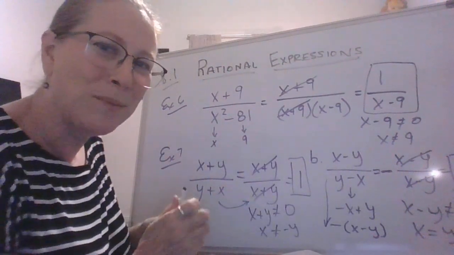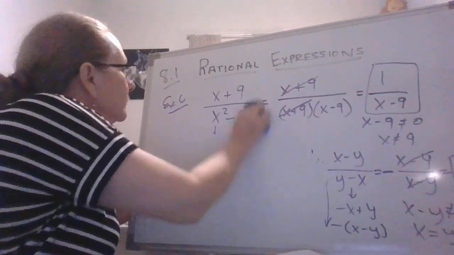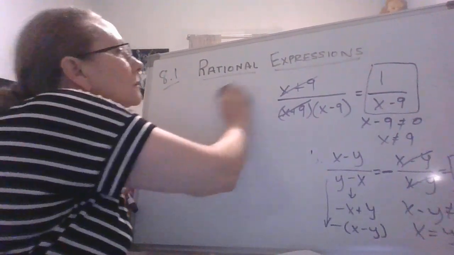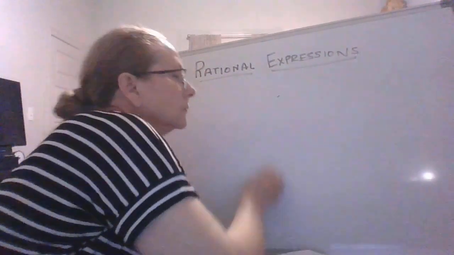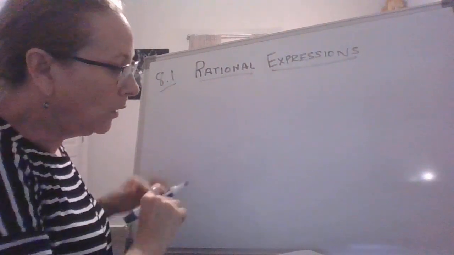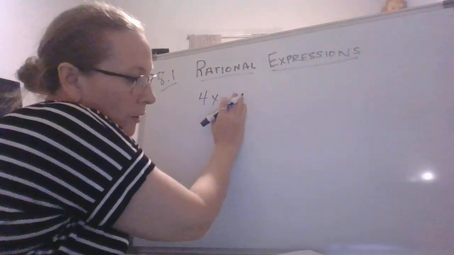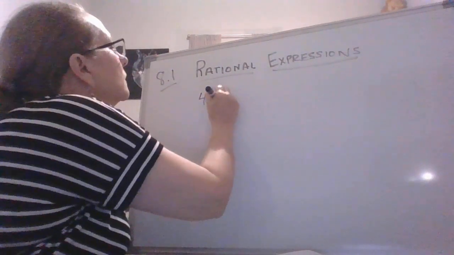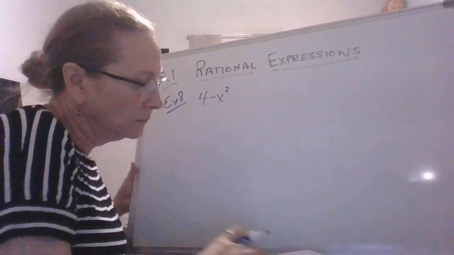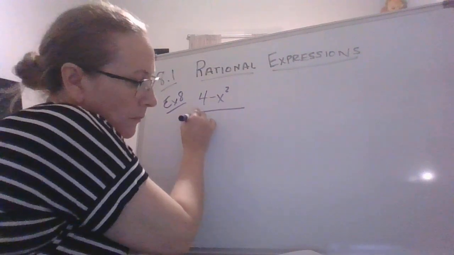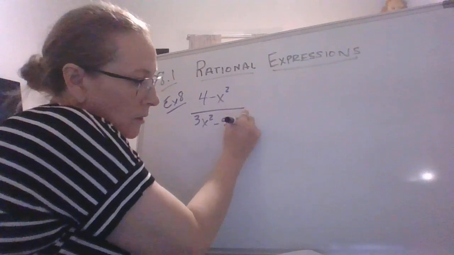Two more problems and then we'll be all finished with the explanation. All right, so the next one, 4 minus x squared, this is example 8, and in the denominator, 3x squared minus 5x minus 2.